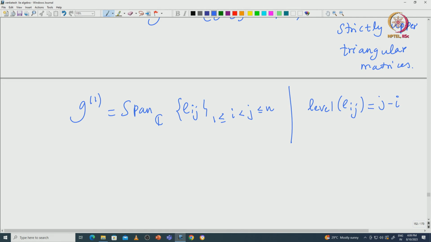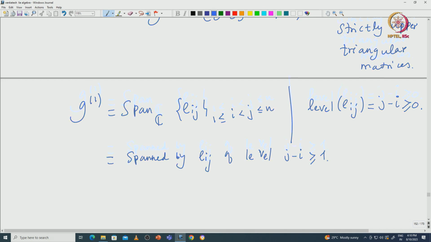Level is a non-negative integer that you associate with each element, and based on that level you can induct. So with the level defined to be j minus i, which is always greater than or equal to 0, this is spanned by all the E_ij of level at least 1.